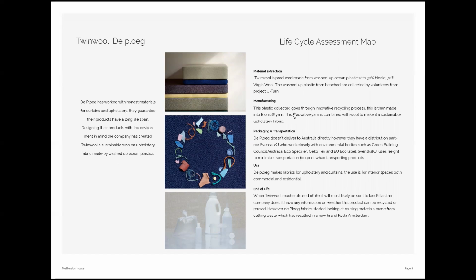So it's manufactured by going through a process to make this innovative wool, which is bionic yarn. And then the packaging, so they're delivered directly to Australia. But they do have partnering companies here in Australia as well, so we can order it, which is great. But they use freight to minimise transport footprints when transporting products.